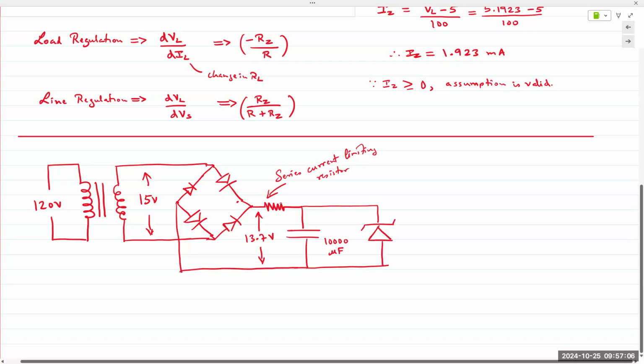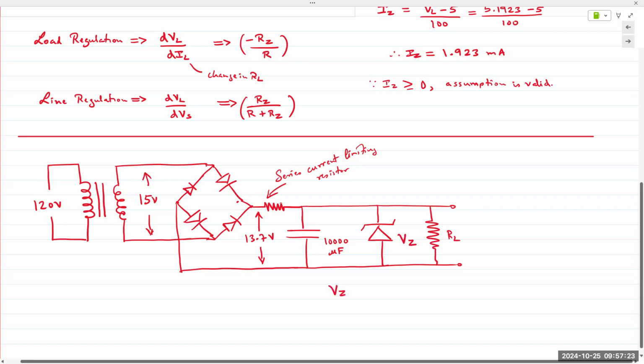And our Zener diode could range anywhere from 2 to 10 volts, RL.